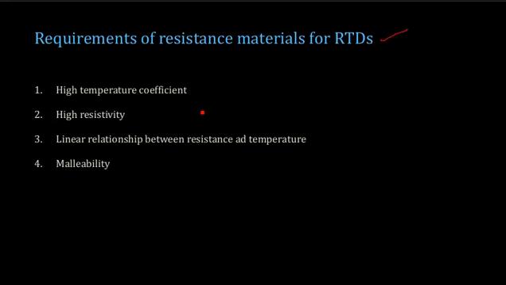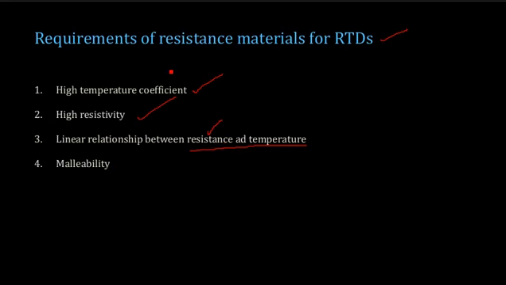Some of the requirements of these resistive materials are: they should have high temperature coefficient, high resistivity, and a linear relationship between resistance and temperature, so that you are able to easily establish the relationship. Once the temperature varies by 1 degree, if the resistance varies by some particular value of ohm, you are able to easily establish that relationship.